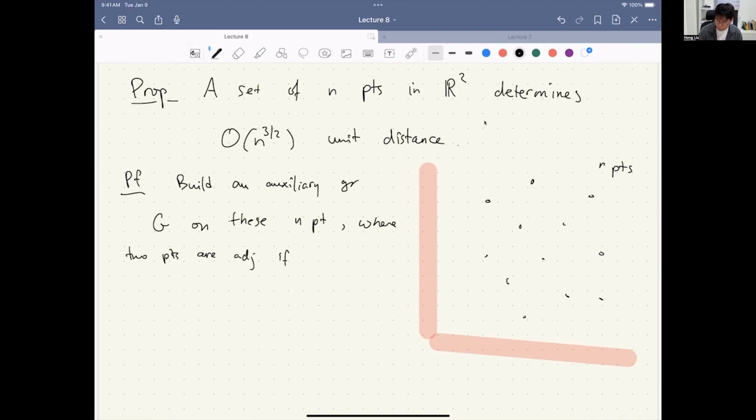So here, for example, you have these two, distance 1, so they're adjacent. All right.